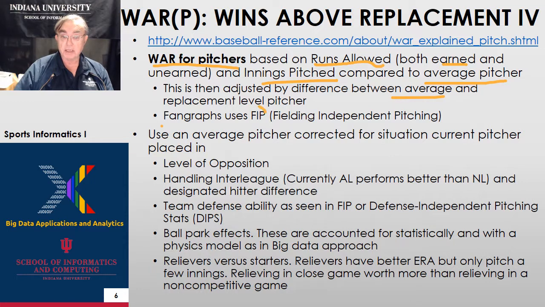FanGraphs uses the thing I discussed earlier, fielding independent pitching, which was not directly ERA, but a fancy combination of the things the pitcher controls, like number of hits or number of home runs given up, where the coefficients are adjusted ingeniously to get something which averages out to the ERA, but is independent of whether that poor old pitcher is in a team which fields lousily or in a stadium that's pretty useless for the pitcher, because it's small, or it's in Denver, and so it's not so kind to the pitcher.